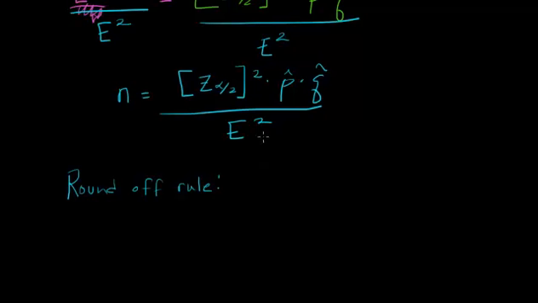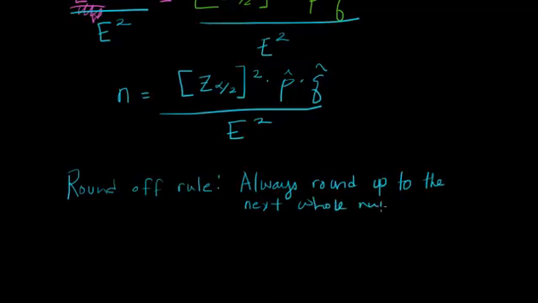So we always round up to the next whole number. Always round up. Okay, that's the round off rule for n.